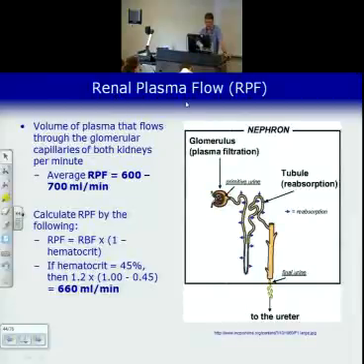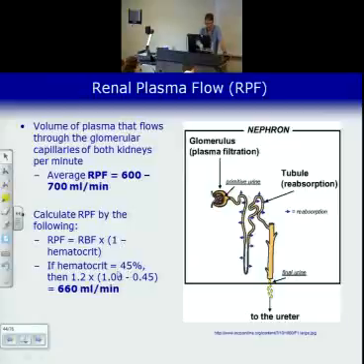Next thing you want to do is look more functionally. Obviously, red blood cells aren't going through that whole fenestrated filter we talked about. So we want to look at the plasma that's actually being pushed through this filter system. So essentially, you want to take out your red blood cells. Using your hematocrit value, if you've got a 40% hematocrit, 60% of it is the plasma flow through it. So that's where this number comes from.